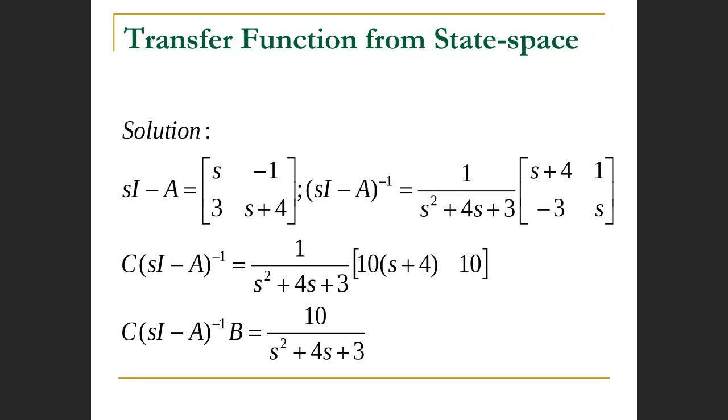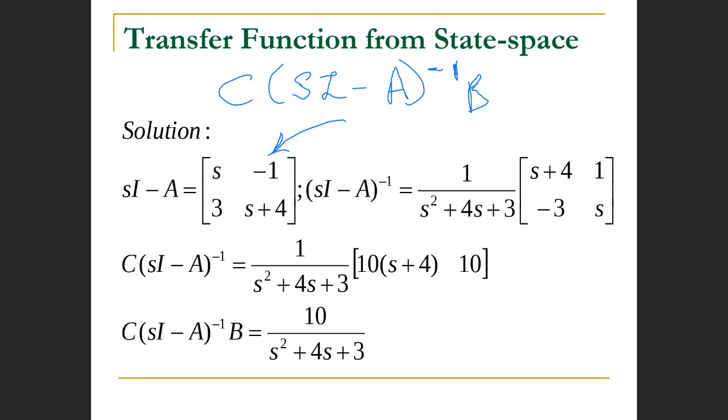Now from there, let me write the expression for you: C, SI minus A inverse, times B. And now D is equal to 0.